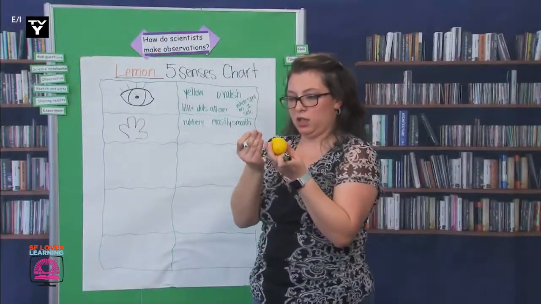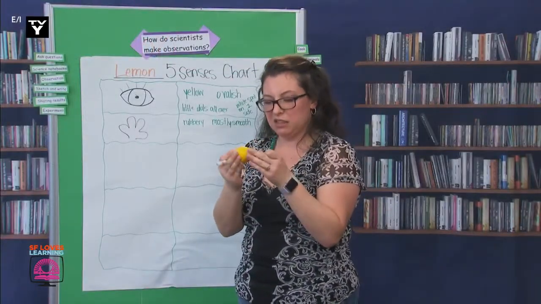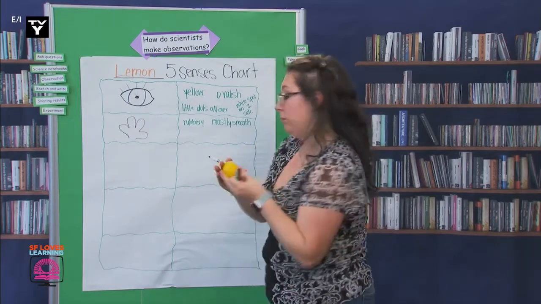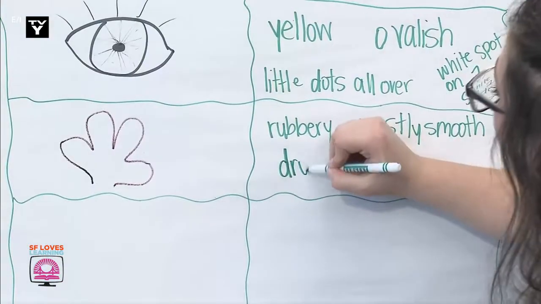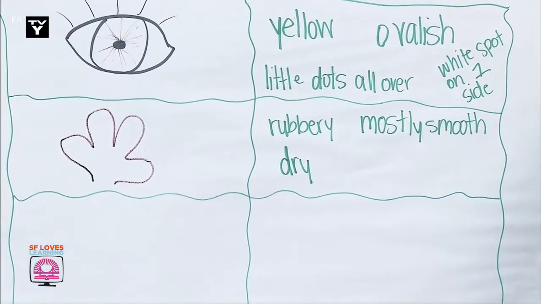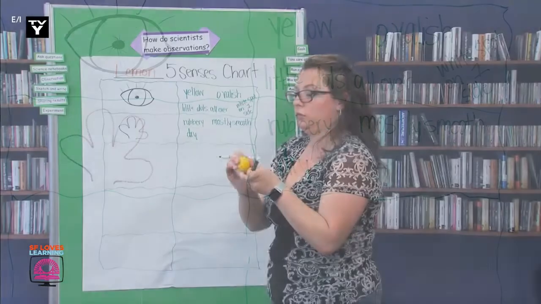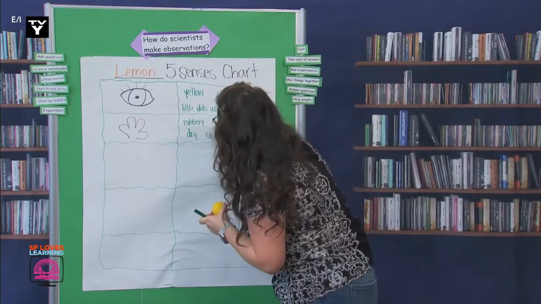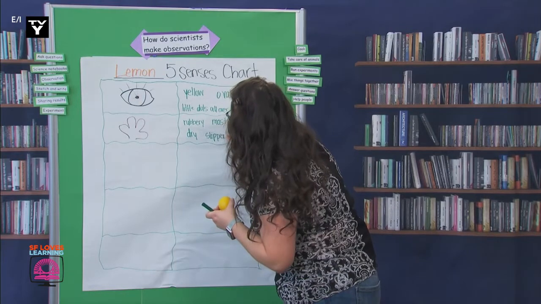And when I touch it, it dries my skin. I guess I could say it feels kind of dry. Dry. Kind of slippery at the same time. How weird. I wonder why.